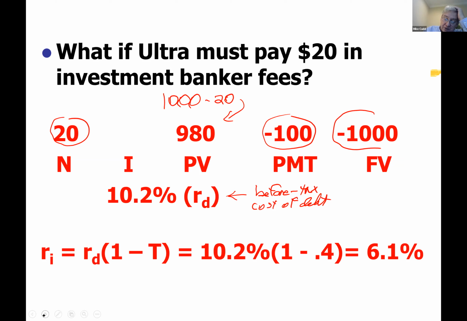The after-tax cost of debt can be found by taking the interest rate on the debt, which is 10.2%, times 1 minus the tax rate. Earlier, we were given Ultra's tax rate is 40%. So their after-tax cost of debt is a little over 6%.